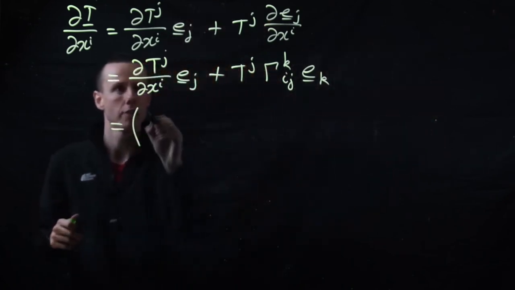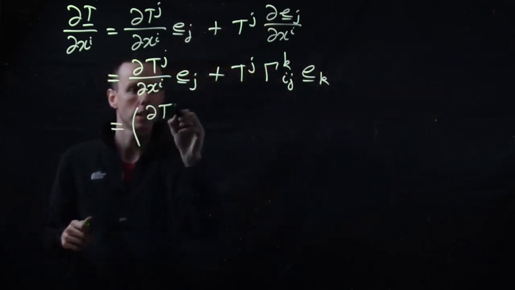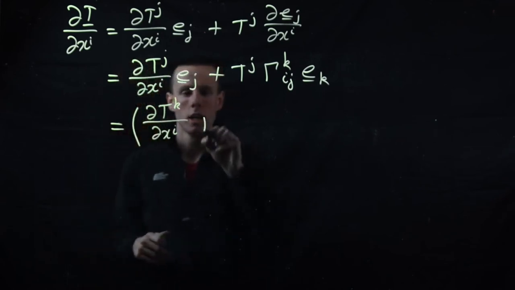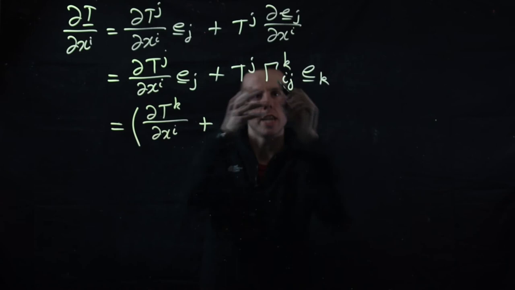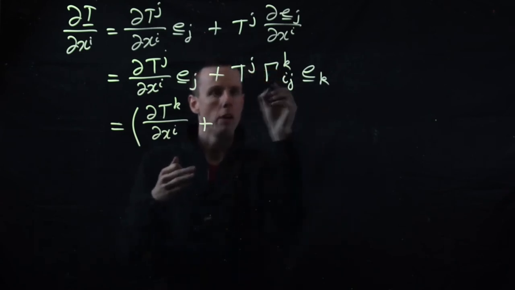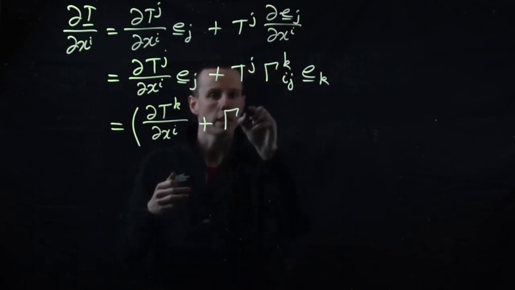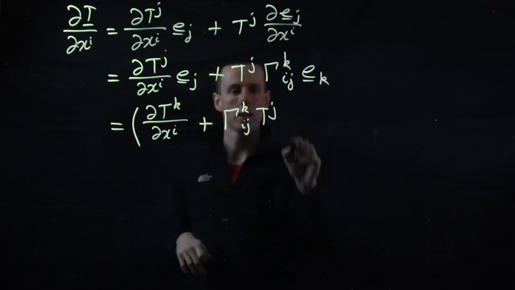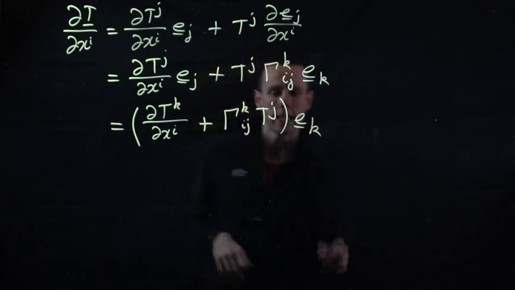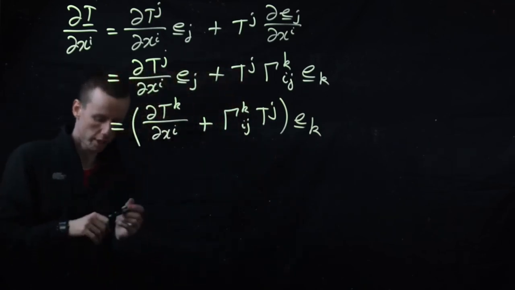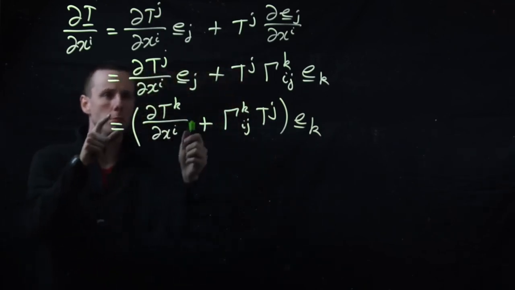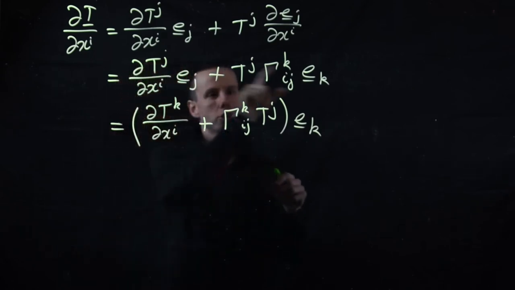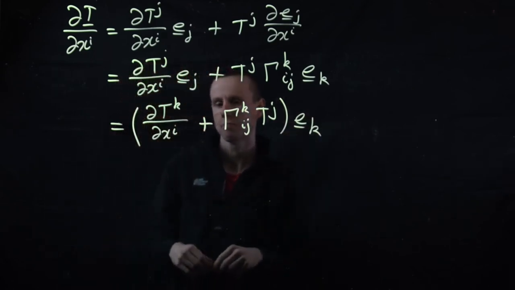So we will have dtk by dxi plus, and then the second term we don't change, but I'll write the Christoffel symbol first, so gamma k i j here, and then the tj after, times ek. All I've done there is in the first term, change the dummy index j into a k, and then I factored out ek.